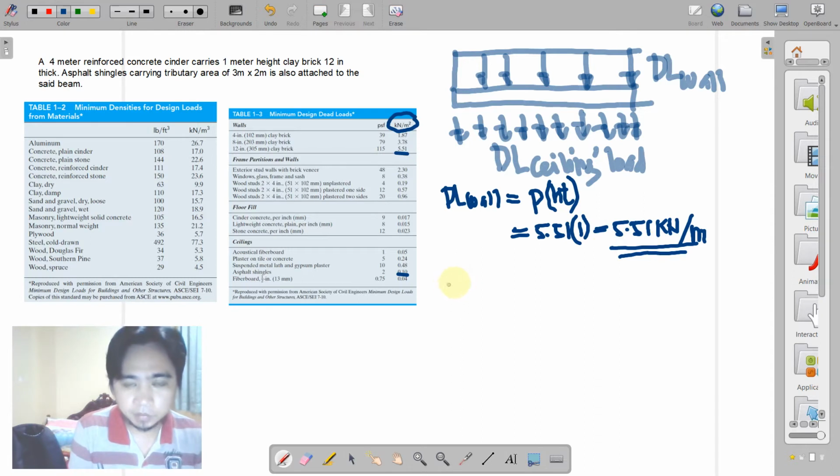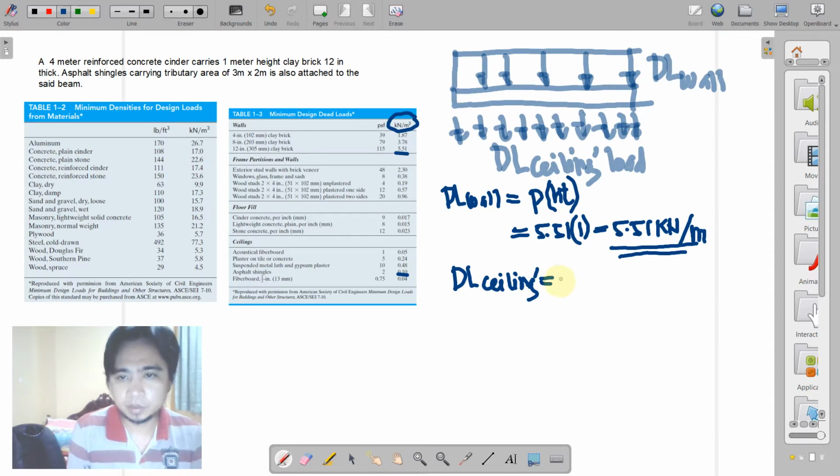Next, the dead load of the ceiling. It is all in terms of kilonewton per square meter also. Again, this is the pressure multiplied by the tributary area, or the area of coverage of that ceiling.